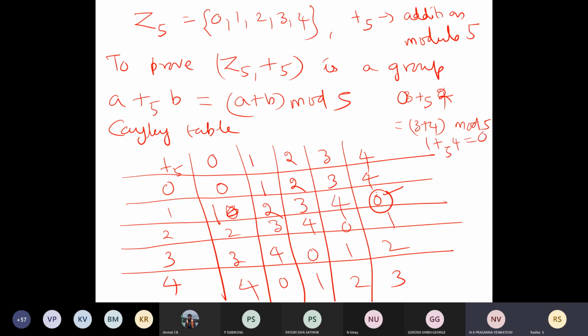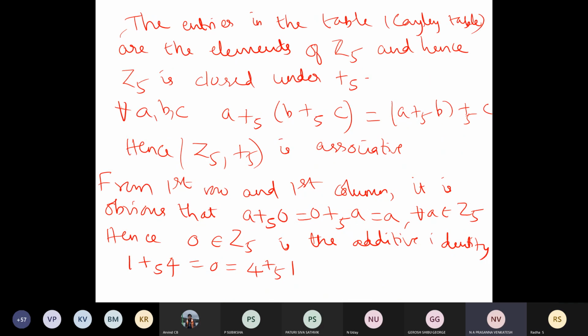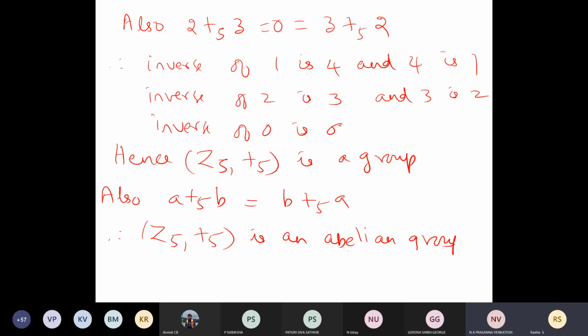Similarly, 4 addition modulo 5, 1 is also 0. So both ways it is 0. So the inverse of 4 is 1 and the inverse of 1 is 4. So what is the inverse of 2? 3. That's all. Everything is mentioned here. So Z5 under addition modulo 5 is a group.